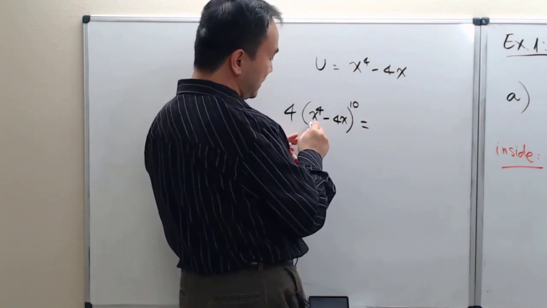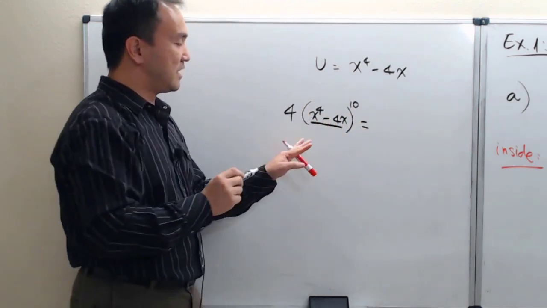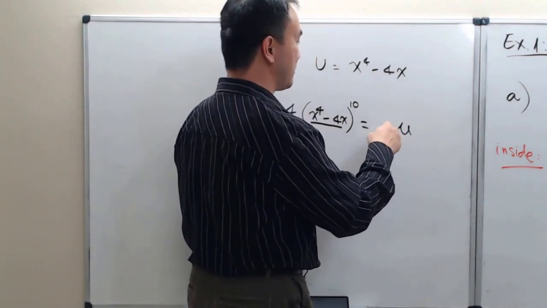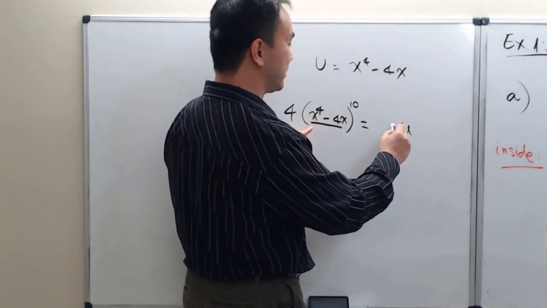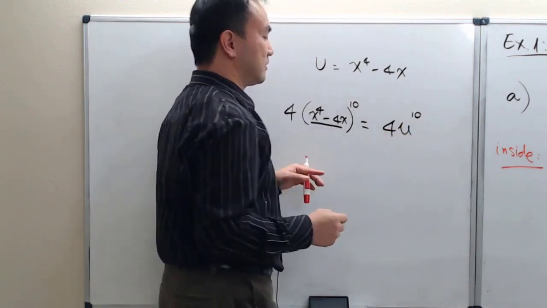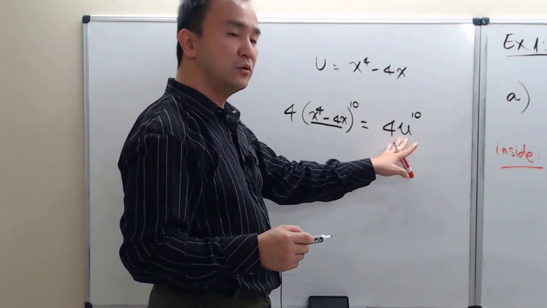You see, only this part that I underlined is being substituted. So that part is becoming a u, but everything else remains outside of that u substitution. Everything else remains the same. So 4 times u to the 10th power.